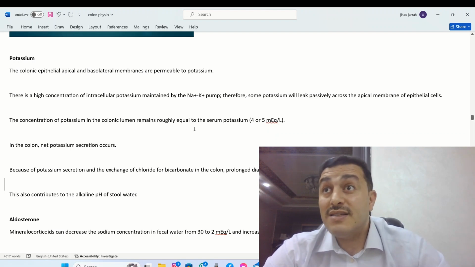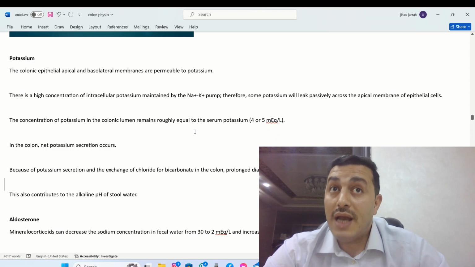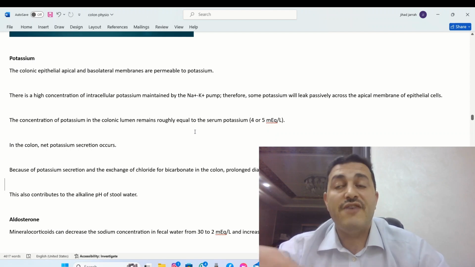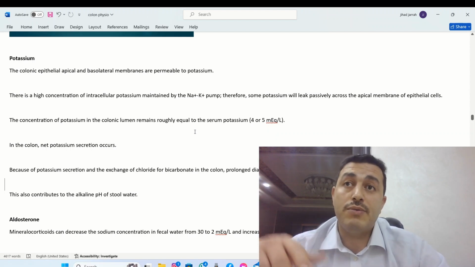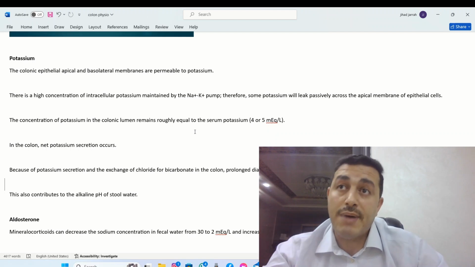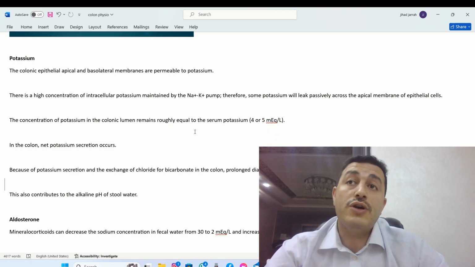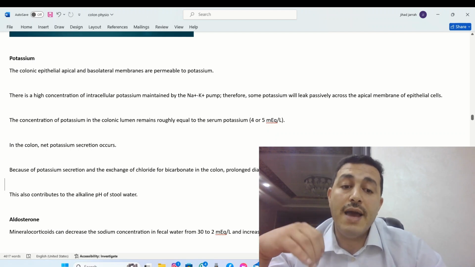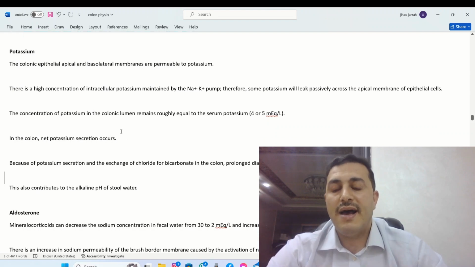So, in cases of prolonged diarrhea, we will have what? We will have hypokalemic metabolic acidosis, because we lost potassium, we lost bicarb in exchange with the chloride.